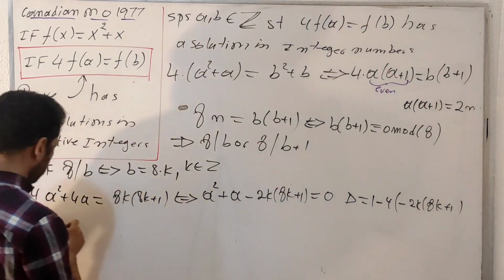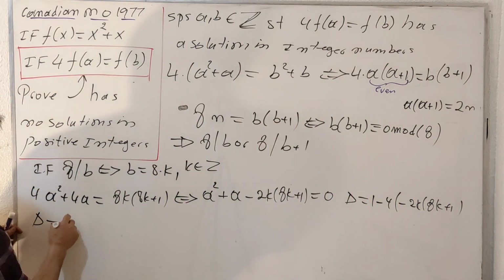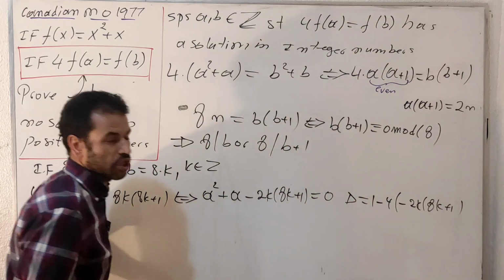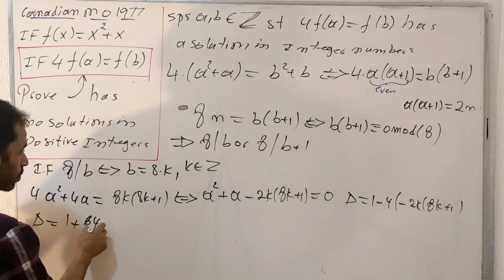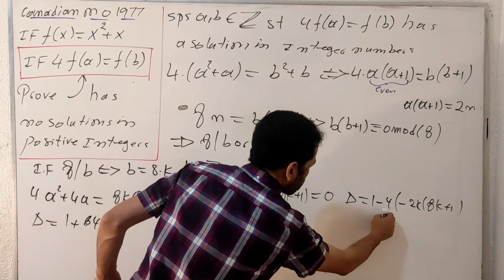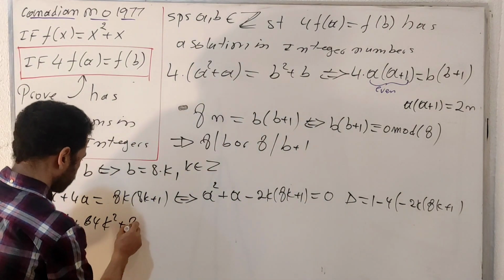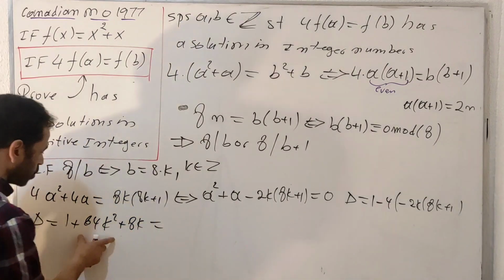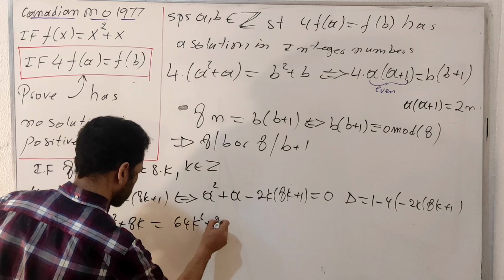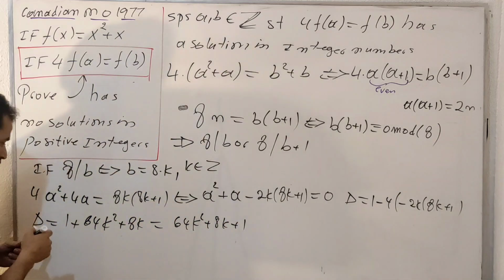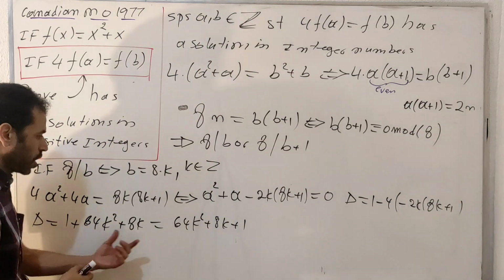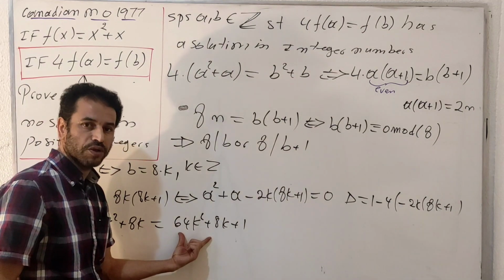By distributing, delta equals 1 plus 8 times (8k squared plus k), which is 1 plus 64k squared plus 8k. By rearranging these terms, I get 64k squared plus 8k plus 1. So in order to have a solution for this equation, we must have this term be a perfect square.